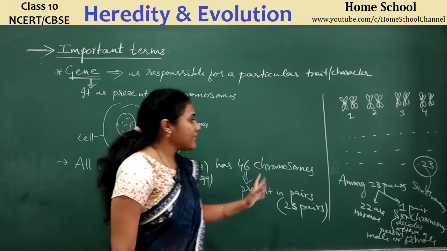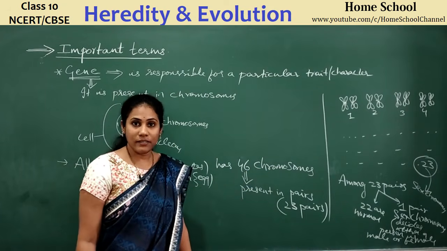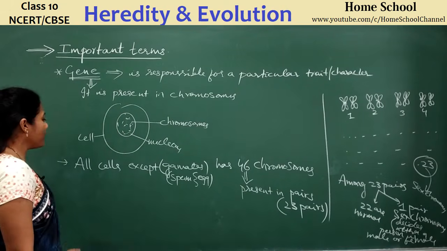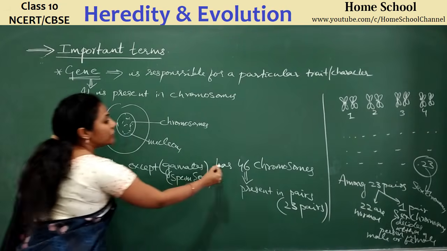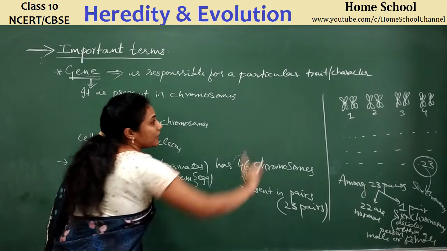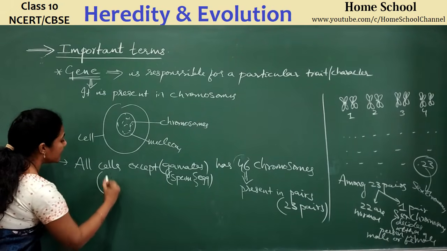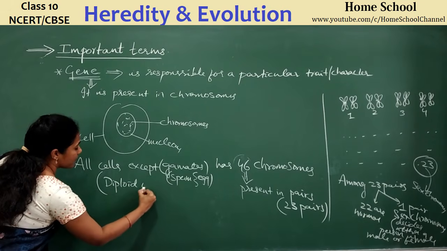Clear? So this is about the number of chromosomes, guys. Usually all cells have 46 chromosomes, arranged in pairs. These cells are called diploid cells.